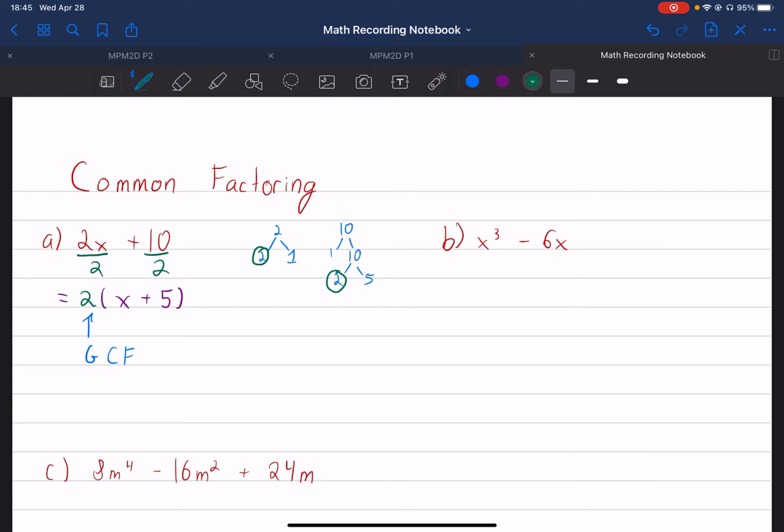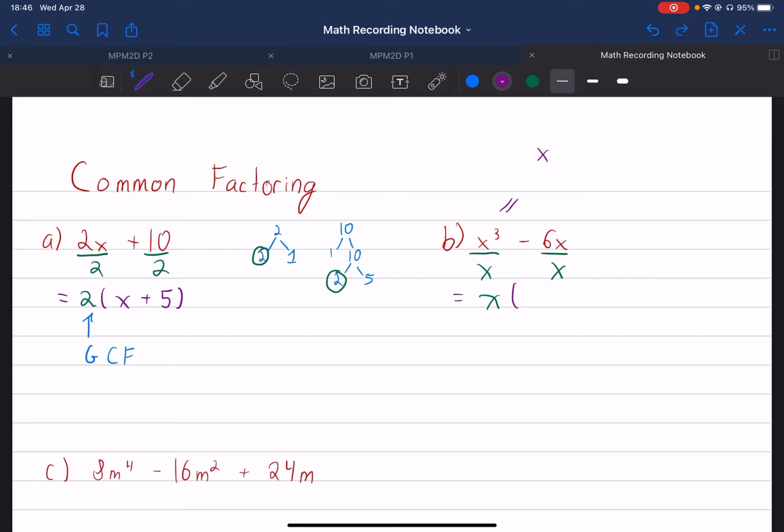So how we do that again is we're going to divide each term by the x. We're going to put that GCF in front. So x cubed divided by x gives us x. So basically what we're doing here is dividing out one of the x's. We showed this kind of in class.